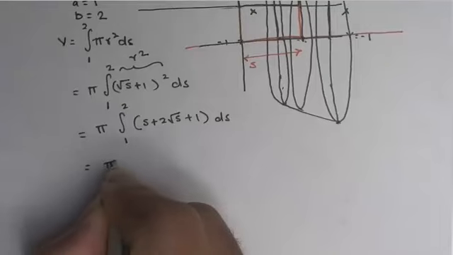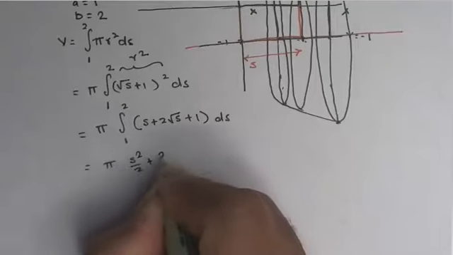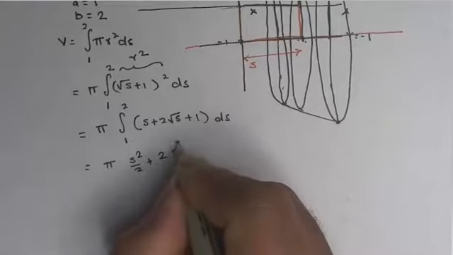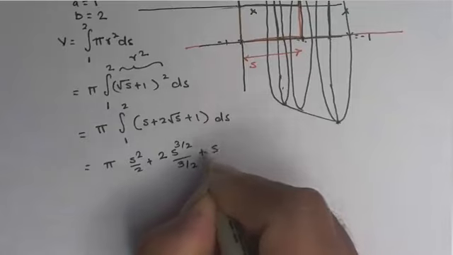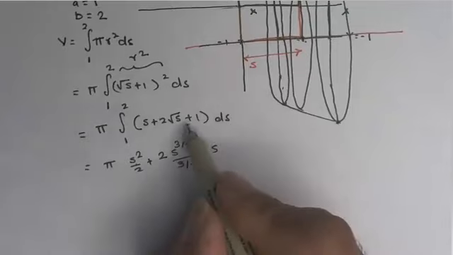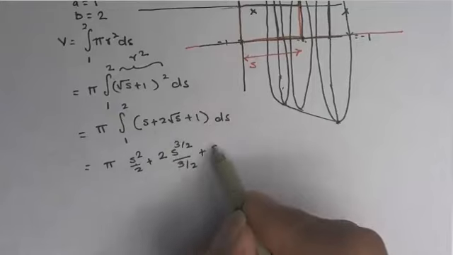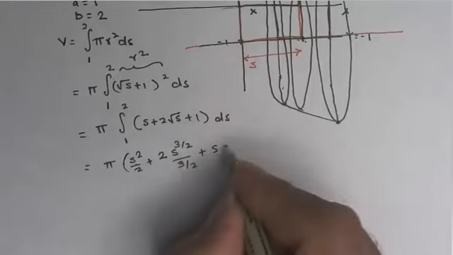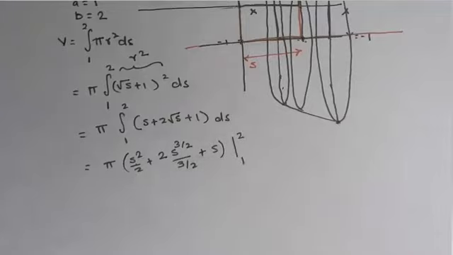So this is pi times s squared over 2, plus 2 times s raised to 3 over 2 over 3 over 2, plus s. This is the integral of this term, this is the integral of this term, and this is the integral of this term. And evaluate that between 1 and 2, and you're done.